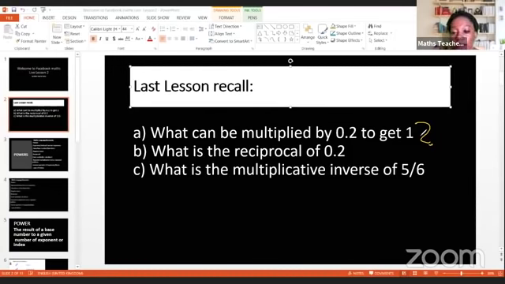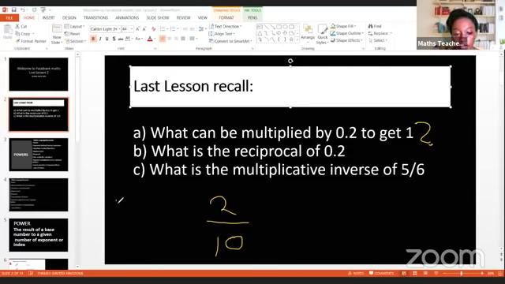But if you can't remember, we're going to talk about it quickly. So we know that 0.2 as a fraction is 2/10. And we said last time that because it's one decimal place, we're going to have it as 2/10.